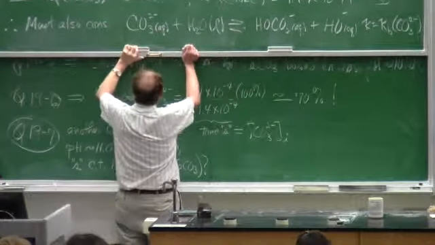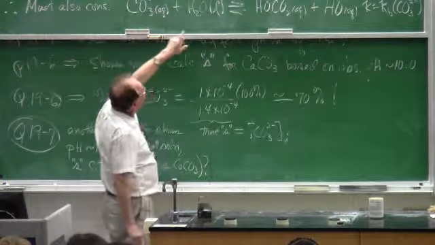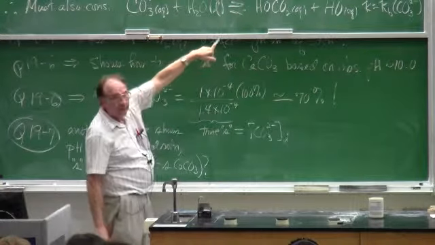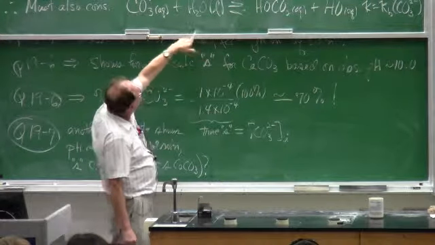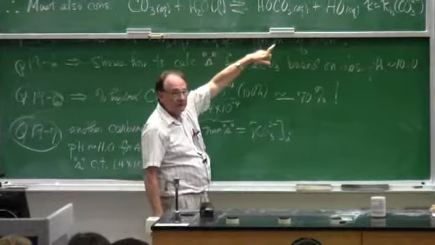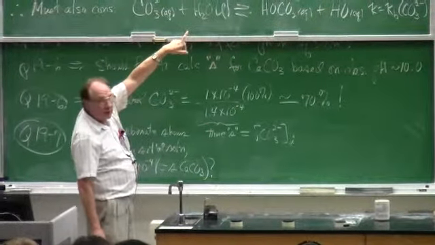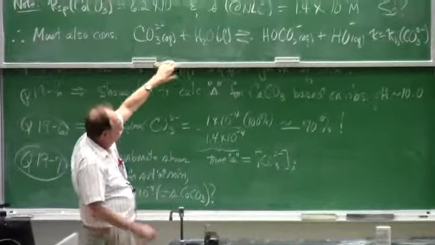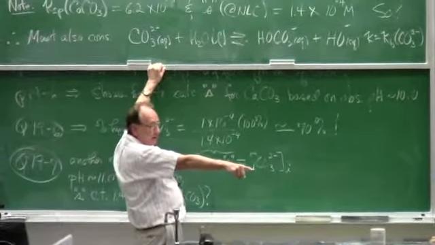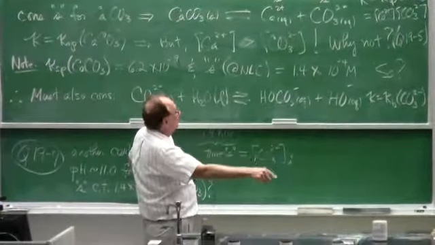So, if we are taking advantage of knowing that the true solubility for calcium carbonate is 1.4 times 10 to the minus 4, then when we made the saturated calcium carbonate solution, which we just did 3 times, well, we did it today 2 times.